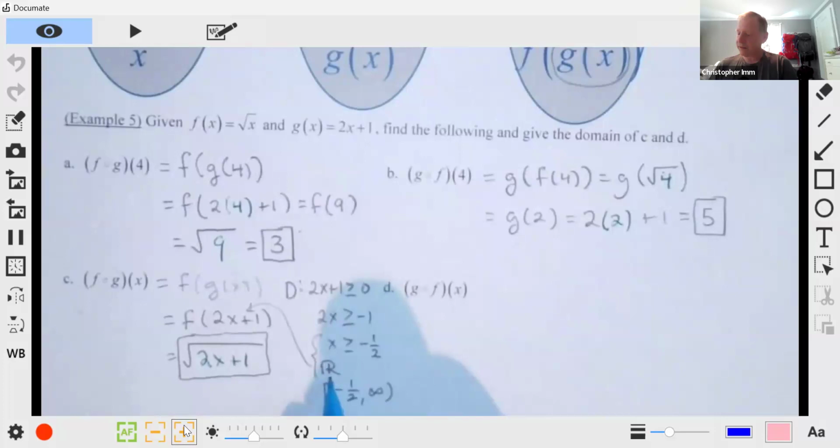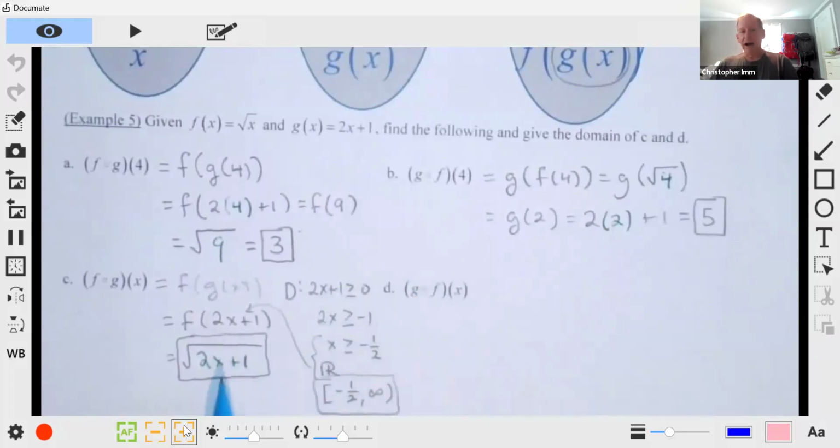I include the -1/2 and I go all the way out. So I can evaluate f of g of 4 or f of g of 0, but I can't evaluate f of g of -pi or -2 because that's going to be out of our domain.